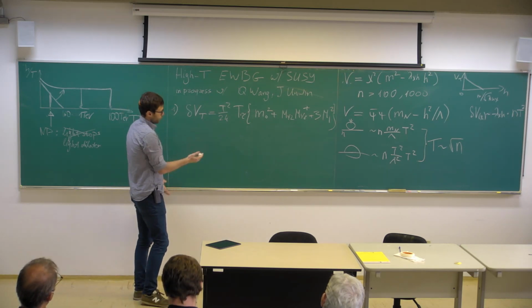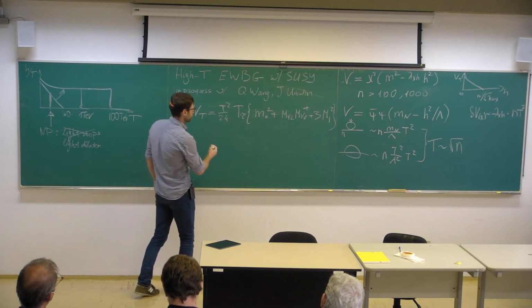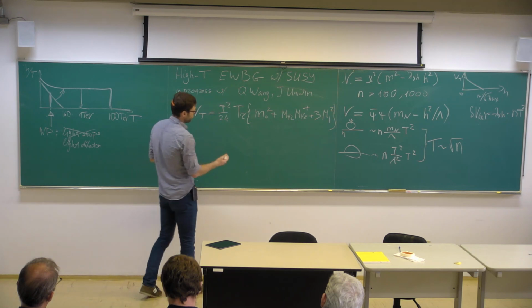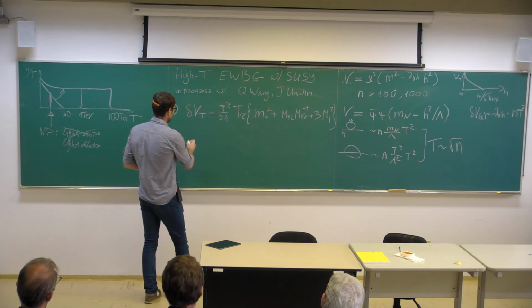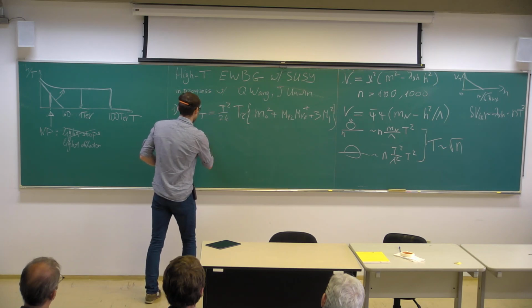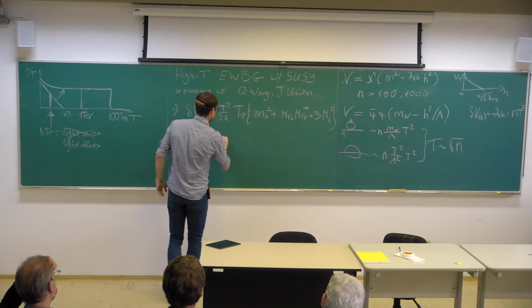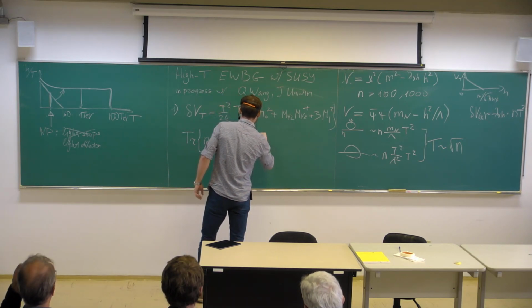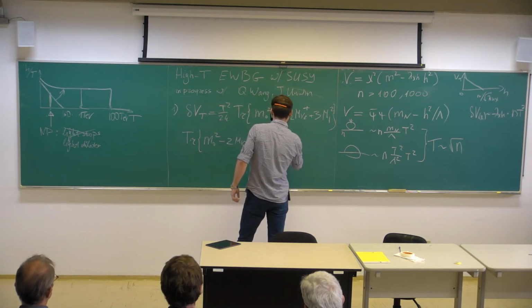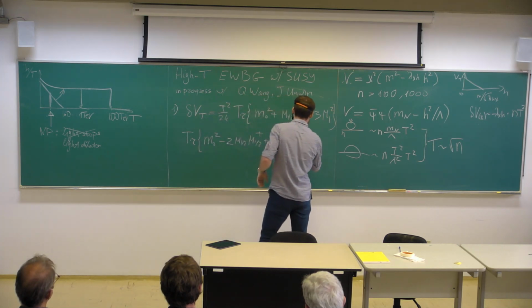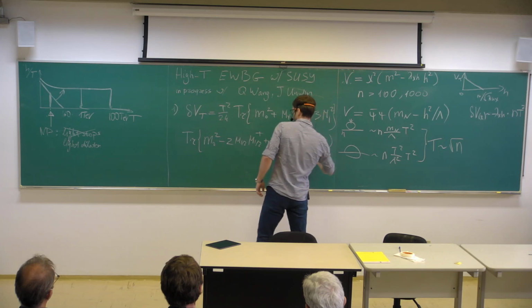And the second crucial equation is the property of softly broken supersymmetric theories, that the supertrace is not a function of fields.